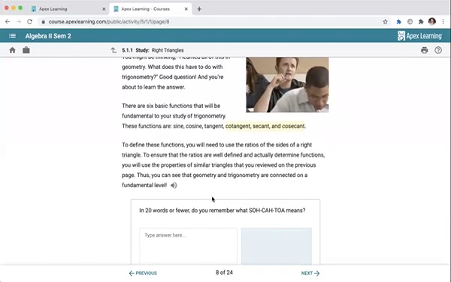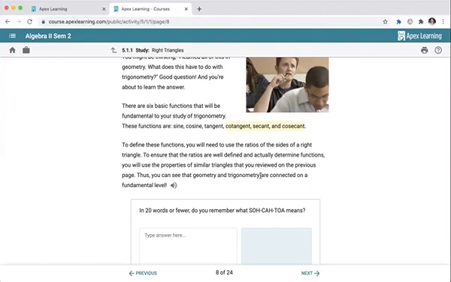All right, but in general, what we're gonna do here is use the ratios of the sides of our right triangles. Okay, so we're gonna have to use our right triangles in order to solve for these different functions here.